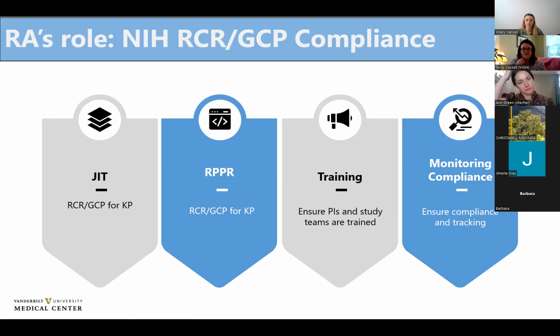It'll make your life easier if the PI and the study teams keep tabs on their RCR and GCP training, so you don't get the email from Ann and then they have a week or two to take the classes. And then also just monitoring compliance, making sure that all the key personnel and all of your trainees maintain their RCR and GCP. That could also be your role.